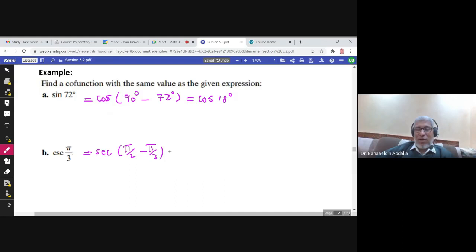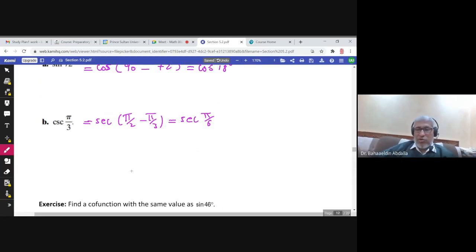If you use the calculator to subtract pi over 2 minus pi over 3, you will find pi over 6, because it would be 3 pi minus 2 pi over 6, so it would be pi over 6. This is how you subtract pi over 2 minus pi over 3 using the formula a over b minus c over d would be (ad minus bc) over bd.